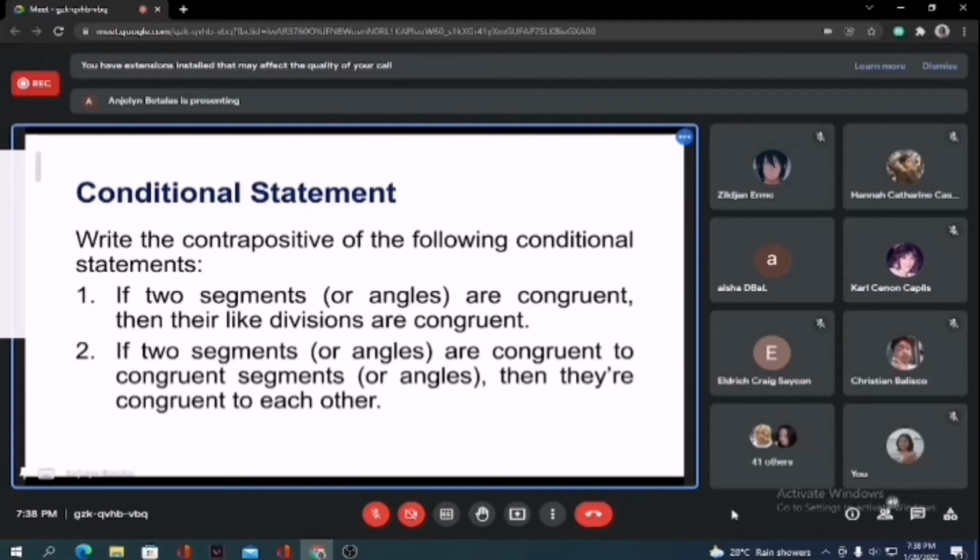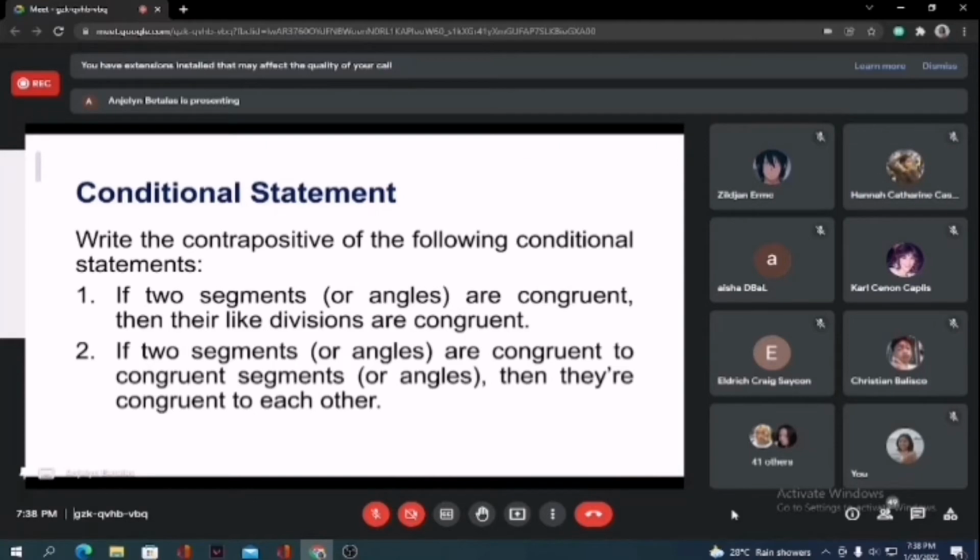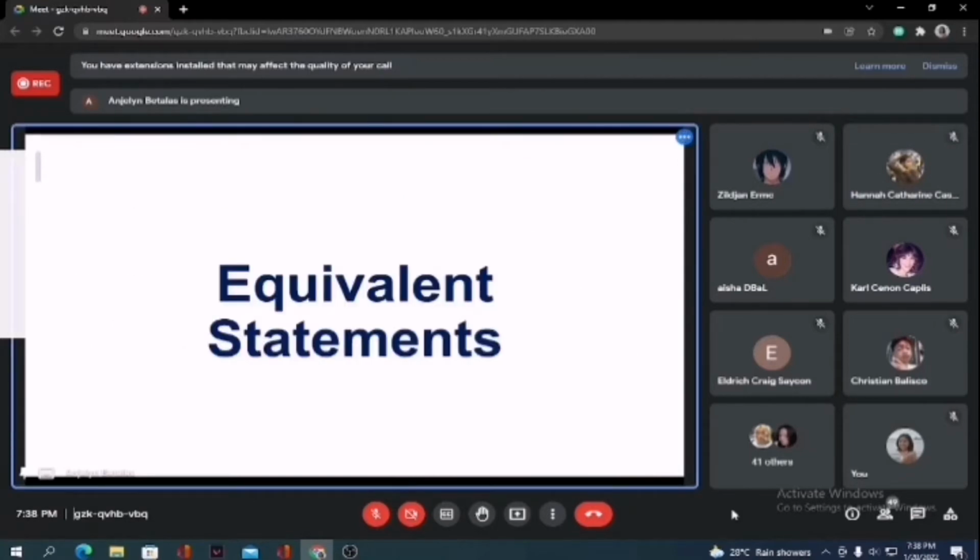Correct. Question. Or pwede po to each other. Wala, ma'am. So, yun dyan, no?